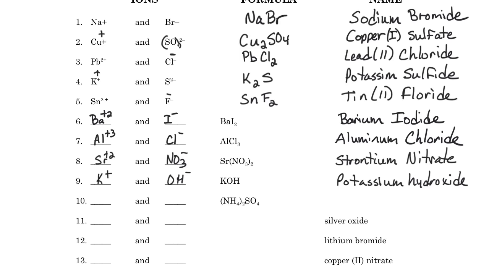So the first ion I have is NH4. When I look on my polyatomic ion sheet, I see that that's the ammonium ion, and it has a +1 charge. Look on the polyatomic ion sheet and you'll see sulfate, SO4. Each of the sulfate has a -2 charge.